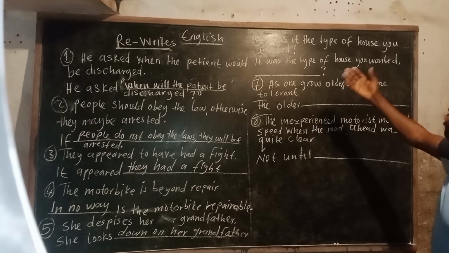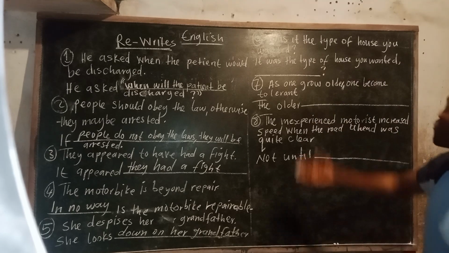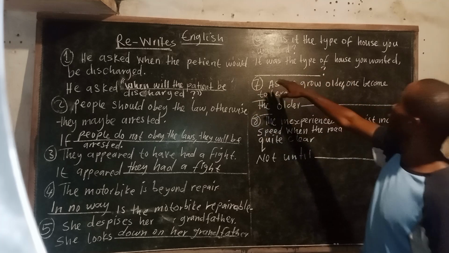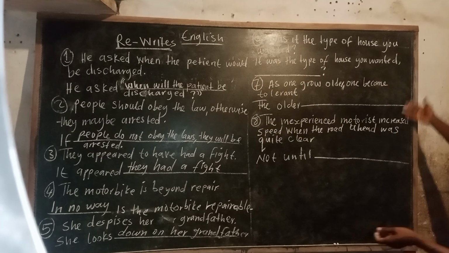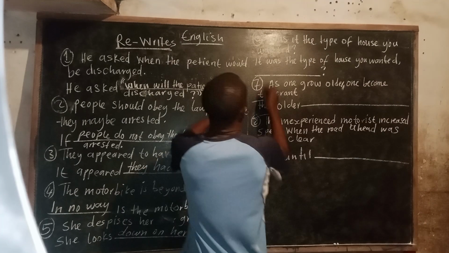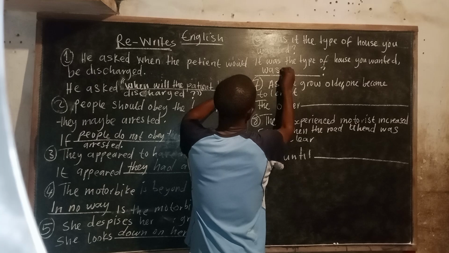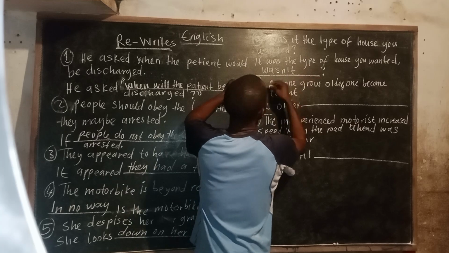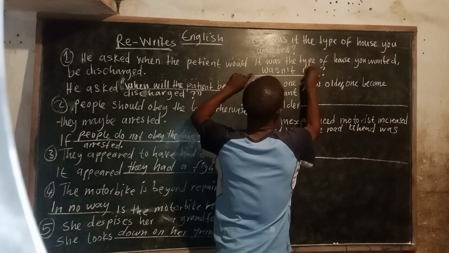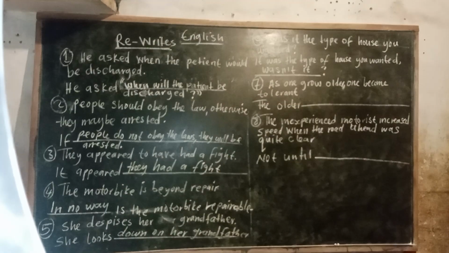So this question was in the past tense. Was it the type of house you wanted? So as you are completing this sentence, according to the way they've written it, you are going to say, it was the type of house you wanted, comma, wasn't it? That's why there is a question mark there. Wasn't it?